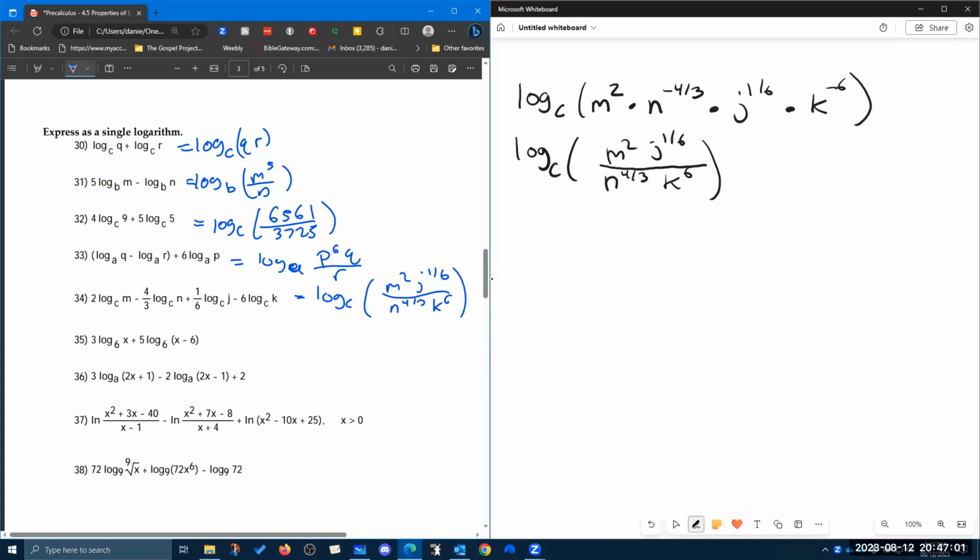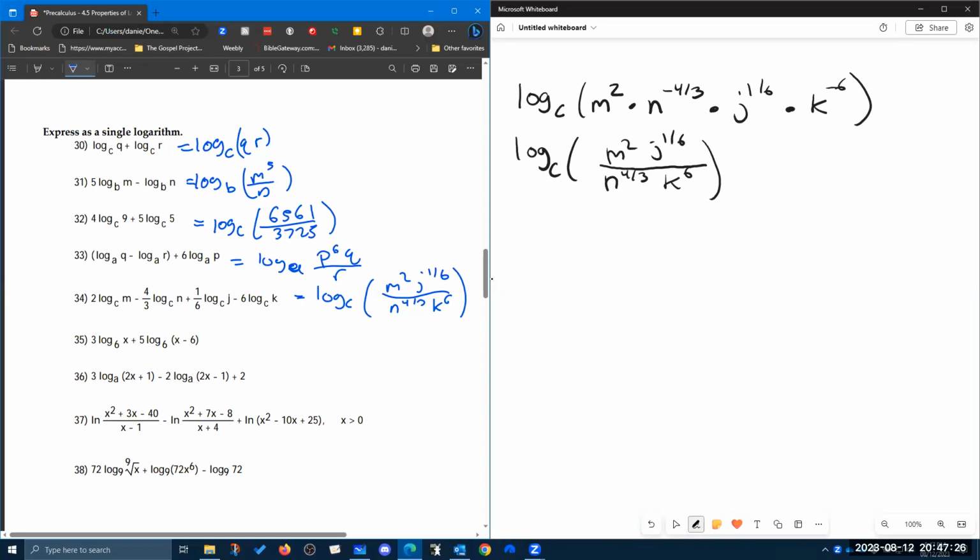If I wanted to look at this and make it all into a root, I could possibly write this as the 6th root of j and the cube root of n to the 4th.